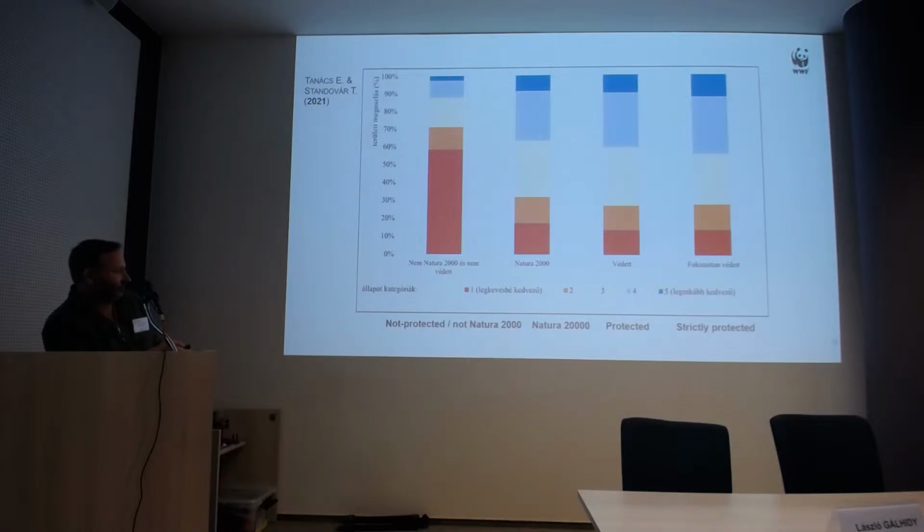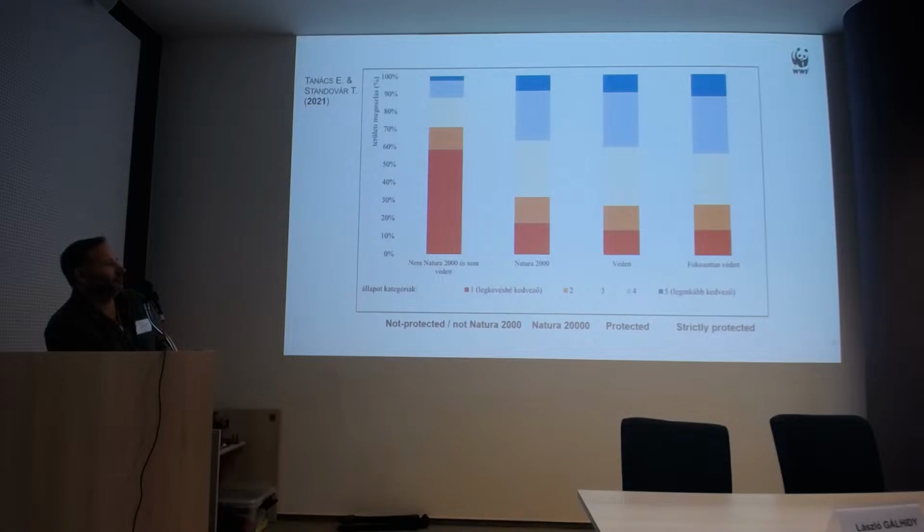And as a kind of result, if you compare the non-protected forest, the naturalness of those stands, of course you will find the least satisfactory category here, and just a smaller portion of better ones.